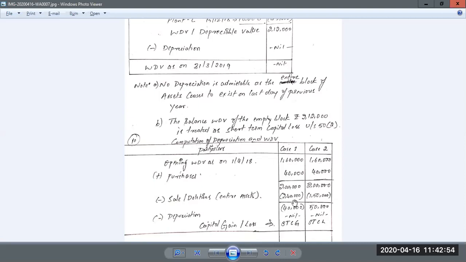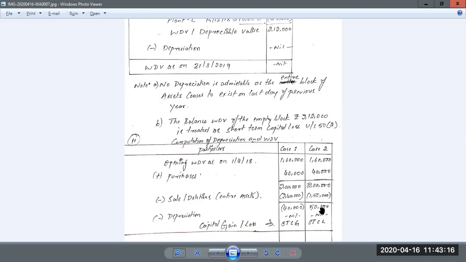Now they have given one more question, that is the last point. Instead of 2,40,000, if you sell the asset at 1,50,000, what would be your answer? In that case also you have to start with 1,60,000 opening WDV, and add purchases of 40,000. Your total book value of the assets will be 2 lakh rupees. Now this 2 lakh worth of asset, if you are selling at 1,50,000, then you are selling at 50,000 lesser than the book value.